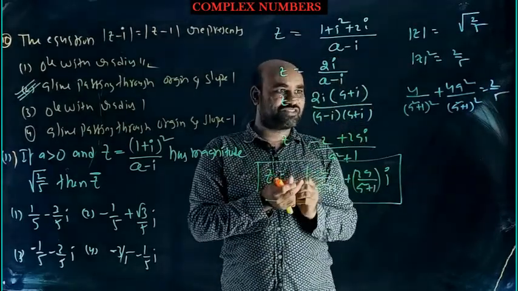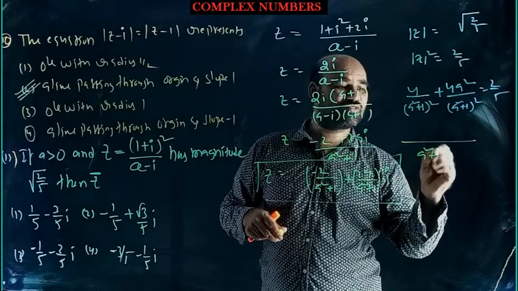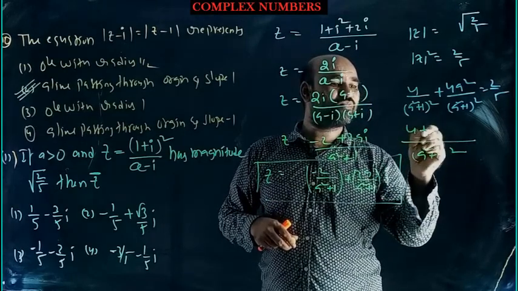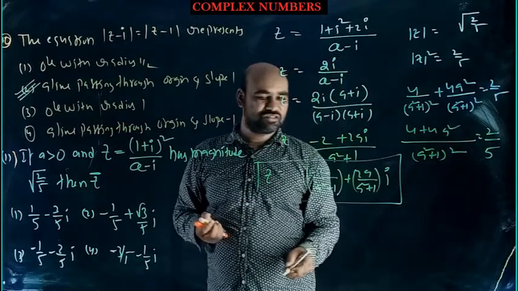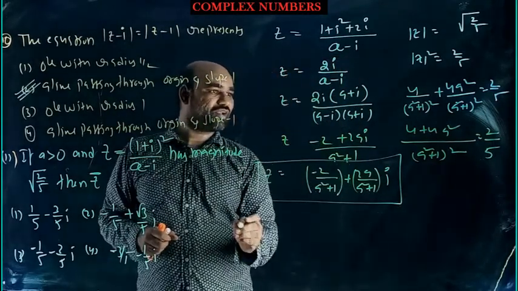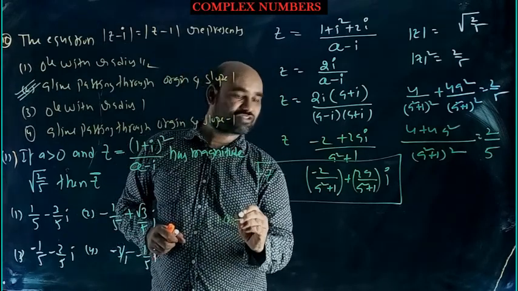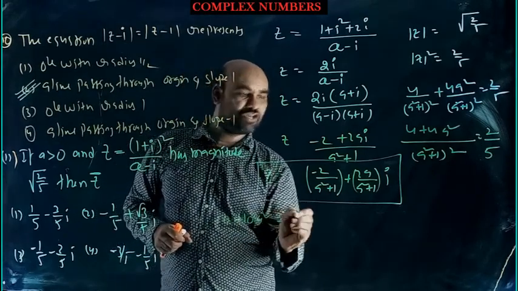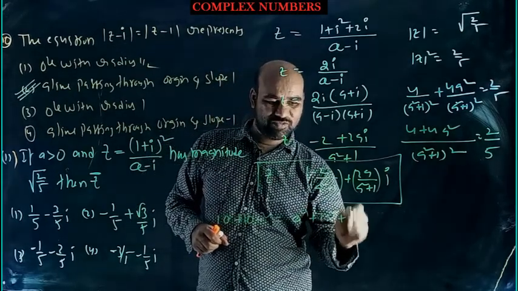Now we need to simplify it. I take (a² + 1)² as the LCM: 4 + 4a² equals 2 by 5. Then I can cancel 1, 2. So what happened: 10 + 10a² equals a⁴ + 2a² + 1.